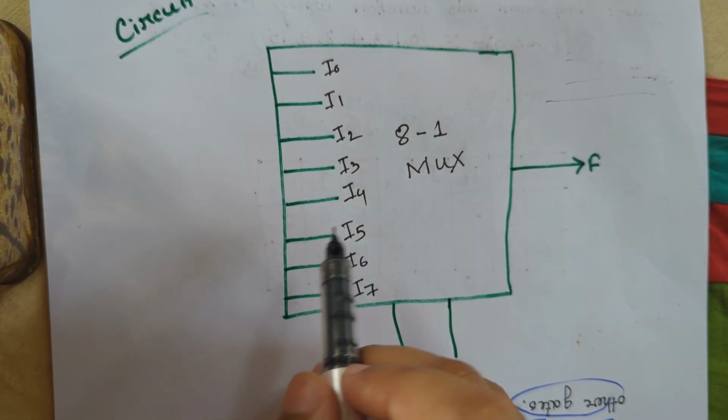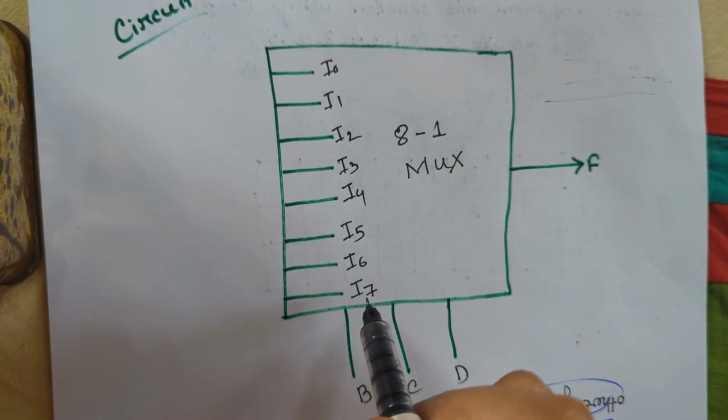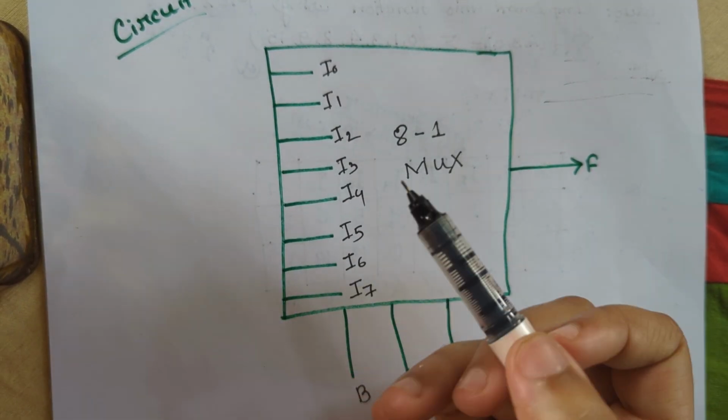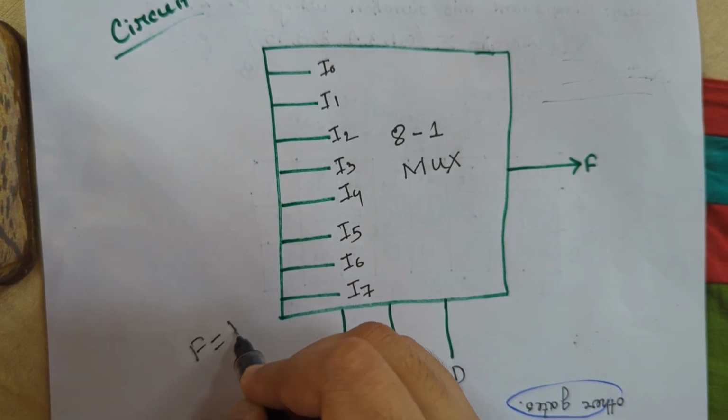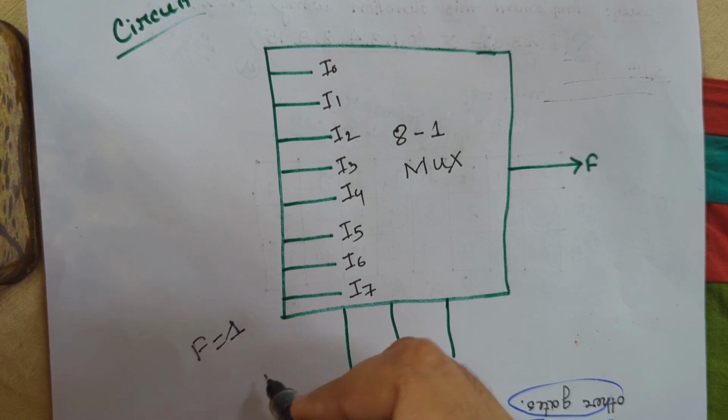A and A prime are used to enable groups of I inputs. Inputs I0 to I7 are defined using A and A prime based on which minterms make F equal to 1. These inputs are then fed into the mux to get our output F.